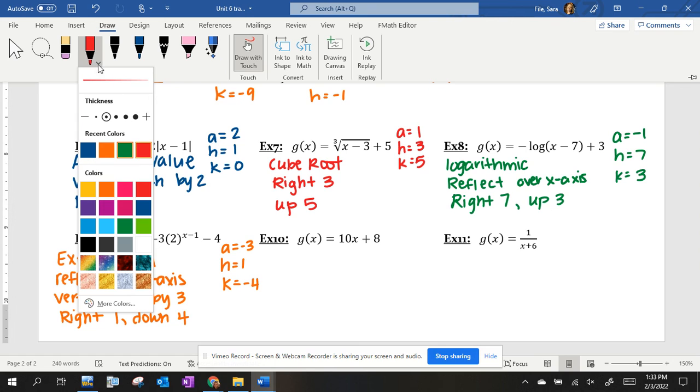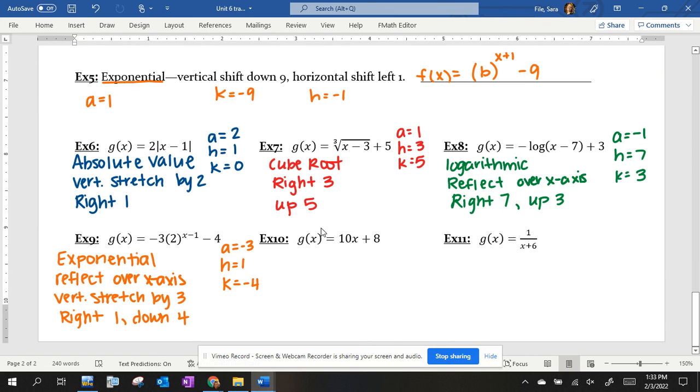All right. And 10. What type of function? Linear. Okay. What is A? The 10. No H, right? Nothing inside with the X being added or subtracted in parentheses. 8 is the K. So that means this is a vertical stretch by 10.